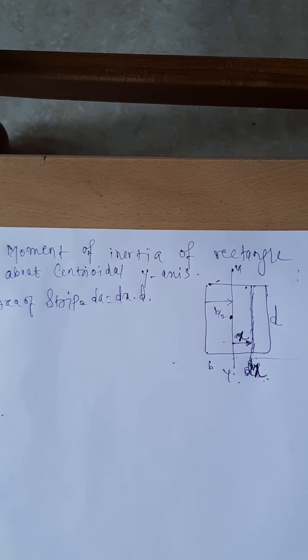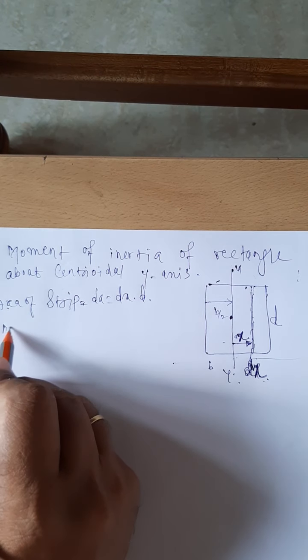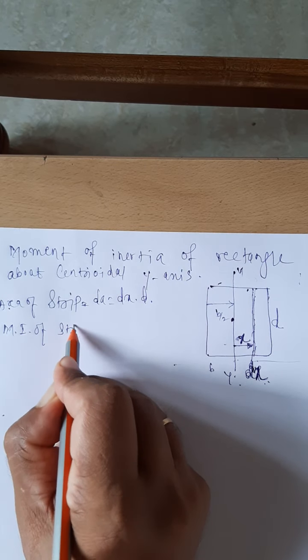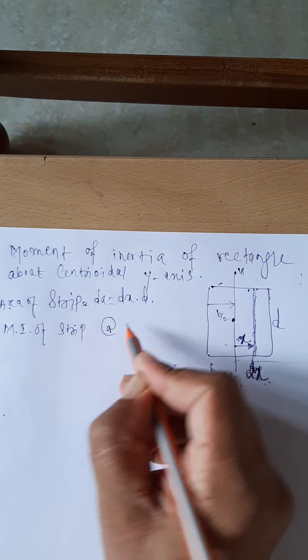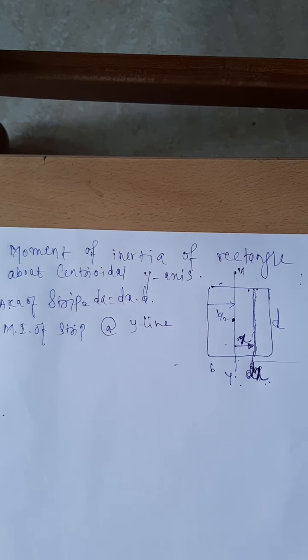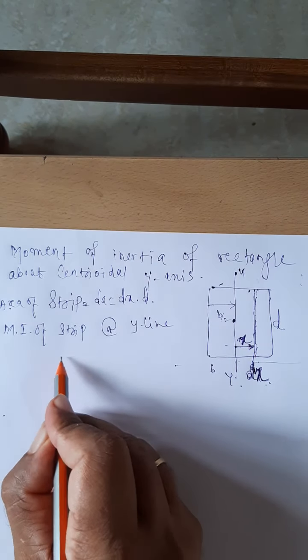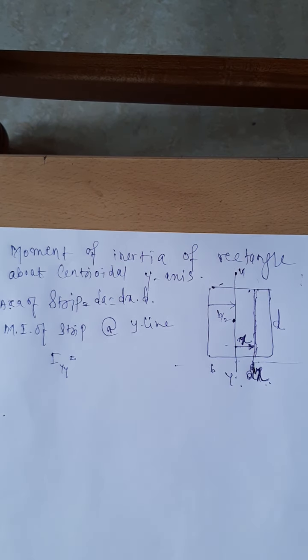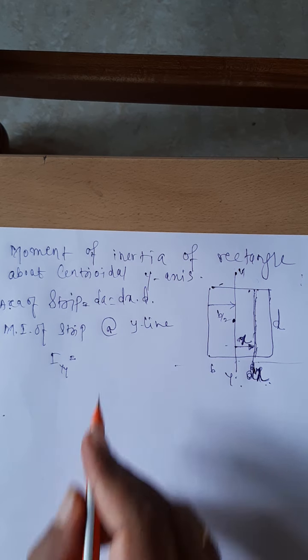As I want the moment of inertia from the y line, directly I can write the moment of inertia of the strip about the y line: Iyy is equal to dA into x square.